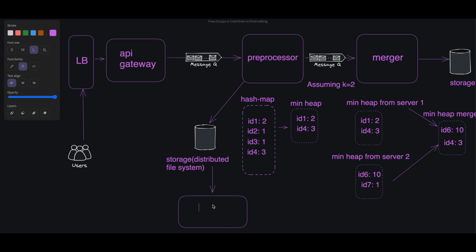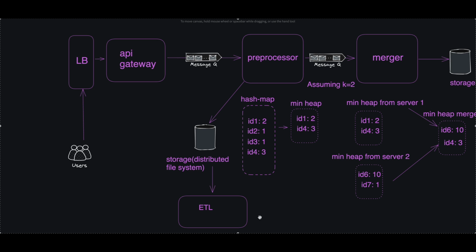So we have our ETL process or something like this that's going to be running on this storage in order to calculate the chosen top K on chosen time frames. So for 1 hour or 30 minutes, we will be calculating this with very good precision, or if you change it to the messaging queue, with the best possible precision. All right, now let's discuss further.